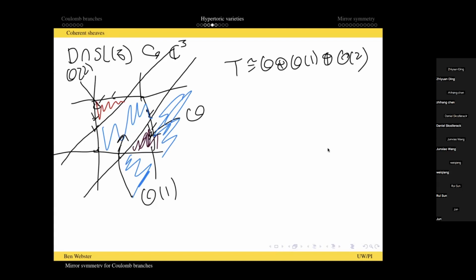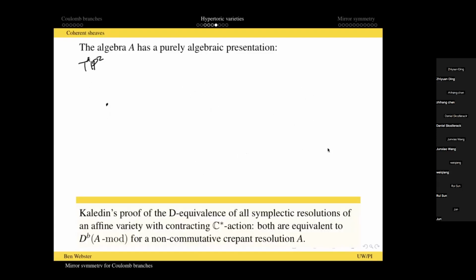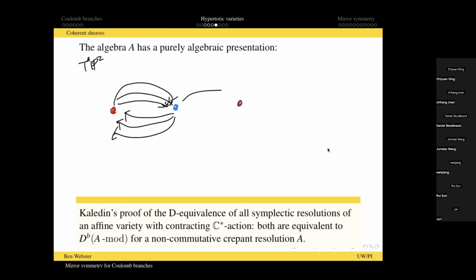And similarly, the red chamber touches the blue chamber along 5 different hyperplanes. So we have an algebra whose nodes in the quiver correspond to the 3 different chambers. So we have 3 arrows going each way.